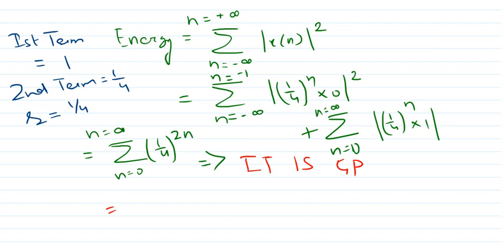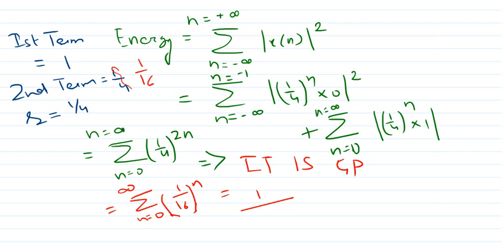So basically we have summation n equals 0 to infinity of 1 divided by 16 raised to the power n. So the second term is basically 1 by 16.